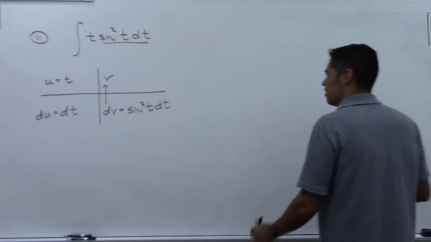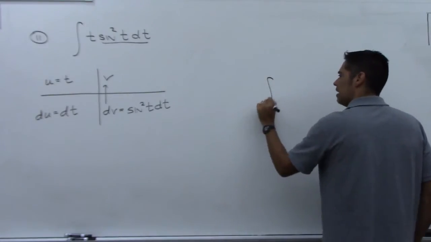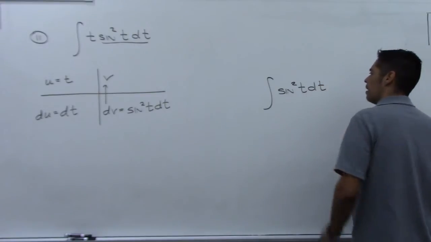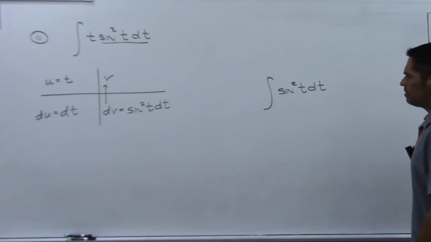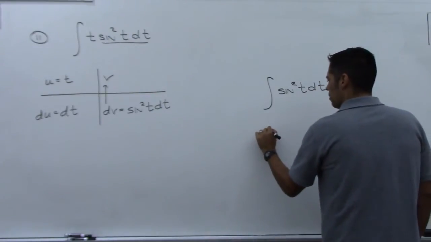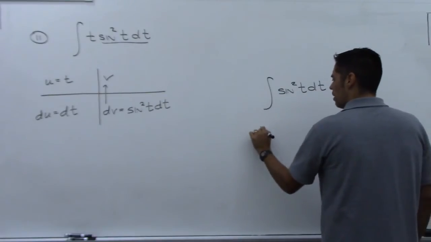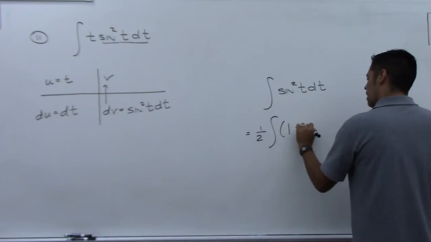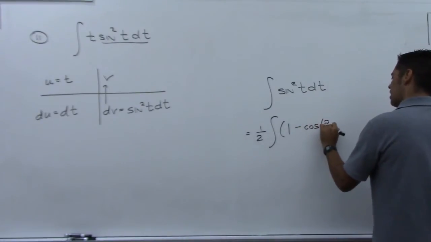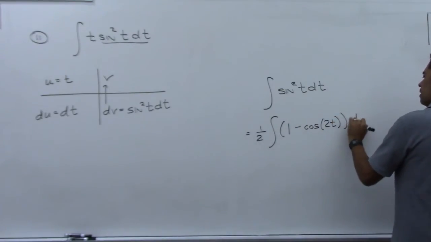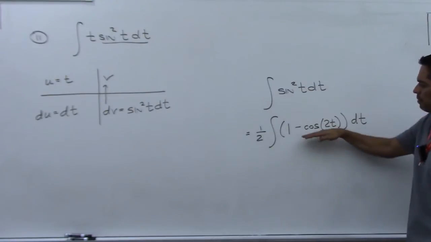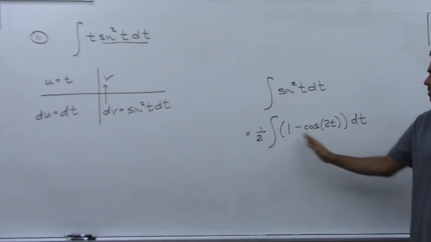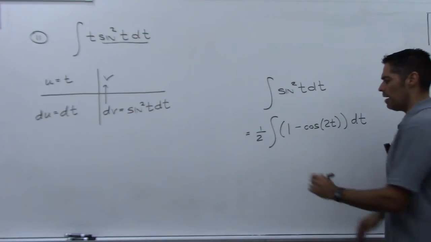So on the side, I'm going to ask myself, can I even integrate sine squared t dt? Of course we can. We just did this problem. We use the power reducing formula. We get a 1/2 that comes out. We get 1 minus cosine 2t dt. So using the power reducing formula, remember the 1/2, I just pulled it out now. I can find the antiderivative of each of these, no problem, and then distribute a 1/2 through.